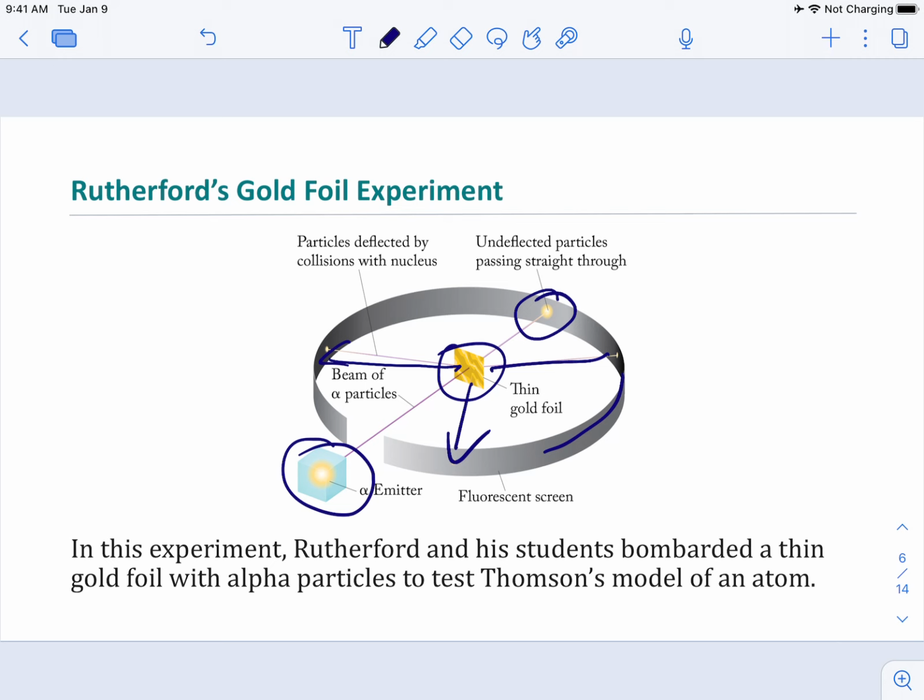And in fact, the title of this section in your book is When Projectiles Bounced Off Tissue Paper, the Rutherford model of the atomic structure. And the idea here is if I take a shotgun and someone was holding a piece of tissue paper and I shot that, or not even a shotgun, just a handgun bullet, and that bullet bounced off that tissue paper. That's kind of what they were seeing here. This is amazing what they were seeing.